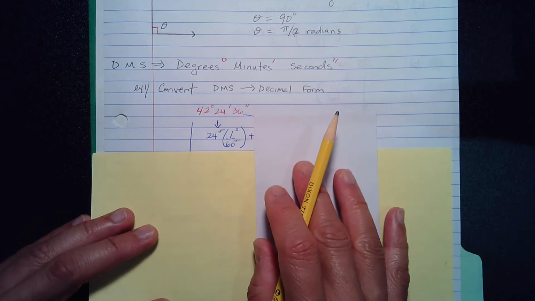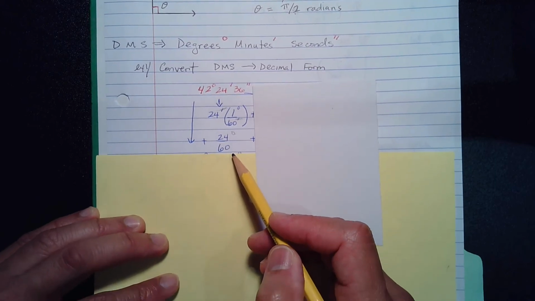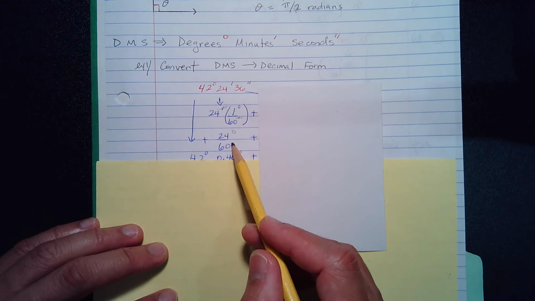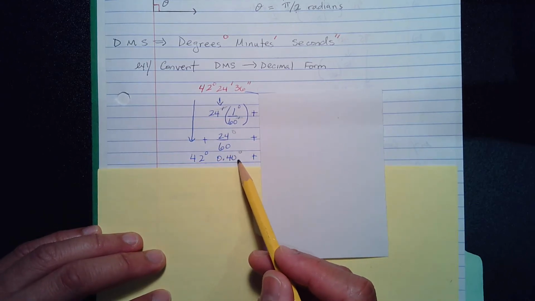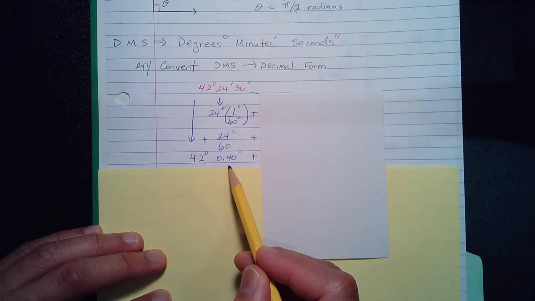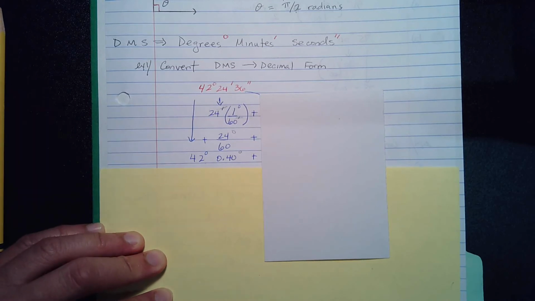So now you have 24 over 60 degrees, and 24 over 60 reduces to 0.40 degrees. Bring down the 42, and 24 minutes is now 0.40 degrees.